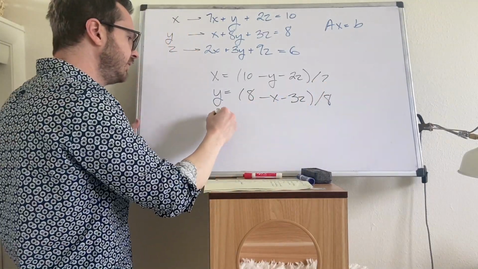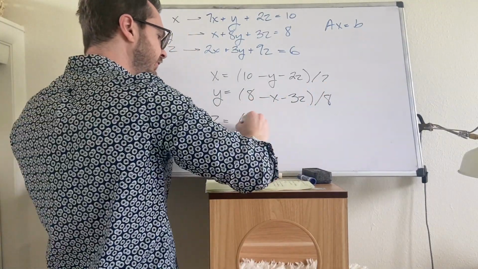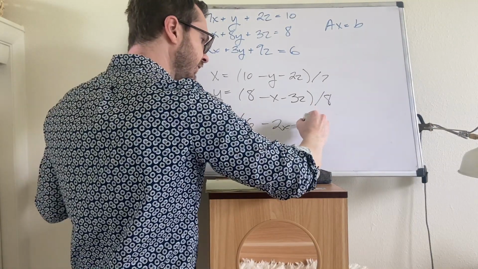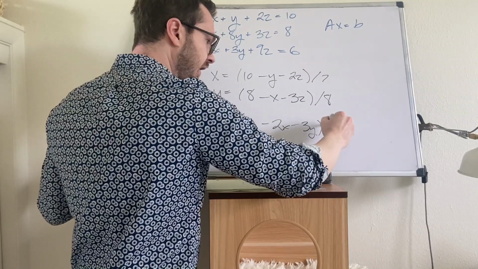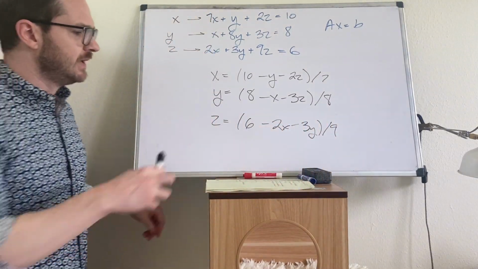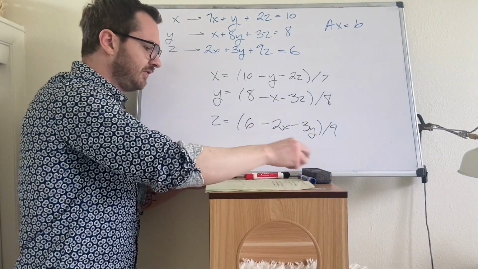And then the last one, z is equal to 6 minus 2x minus 3y, and this is divided by 9. Okay. So what's the point of doing this?